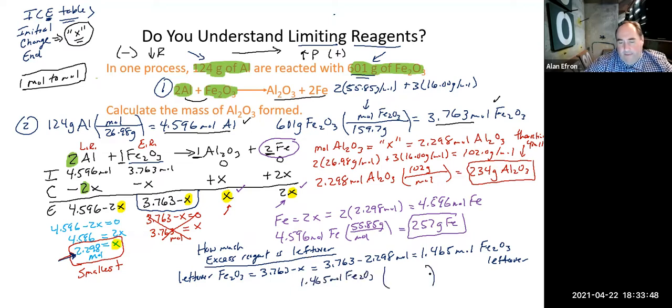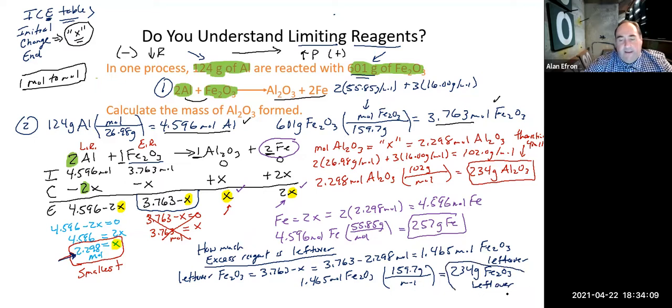Our molar mass being the same as above there, 159.7 grams per mole. And we find that we have about 234 grams of the iron 3 oxide left over.